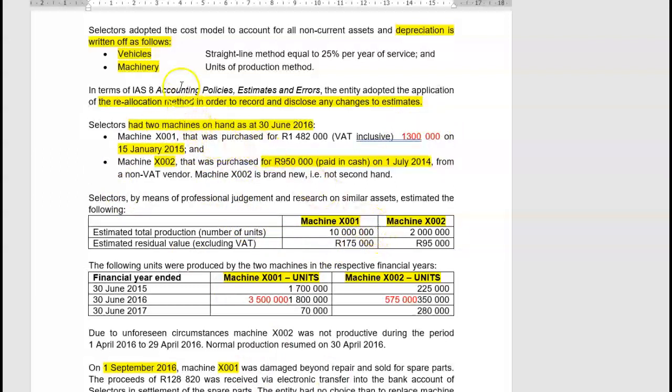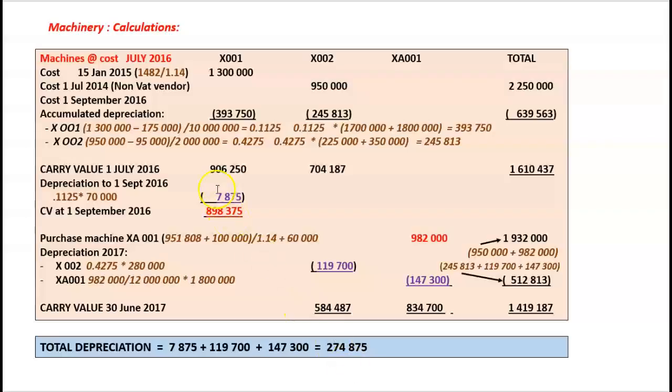There is no estimated residual value, so that will then be 1.3 million divided by the total capacity of 10 million, which will give us a price per unit manufactured, and then up to the beginning of the year 3.5 million units to get our total accumulated depreciation.